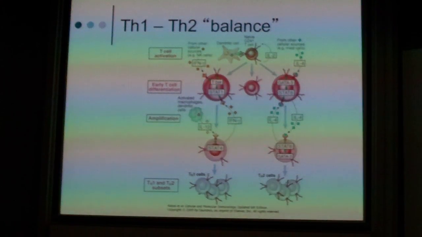And of course, local environmental substances are very important because if this happens in the context of an area in which there is production, for example by NK cells, of interferon gamma, then this response is skewed towards Th1 development by upregulation of T-bet and STAT1 as transcription factors.